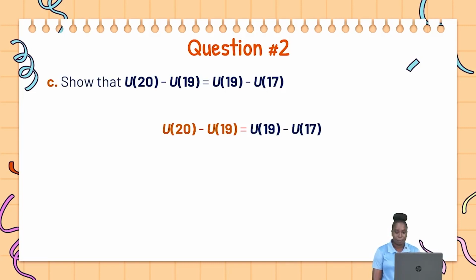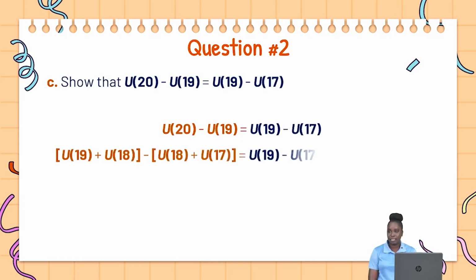So let's do that. So u of 20 would be equal to u of 19 plus u of 18. Then it says minus u of 19. And u of 19 is u of 18 plus u of 17. And so we will need to get rid of those square brackets, but they're separated by a subtraction sign.